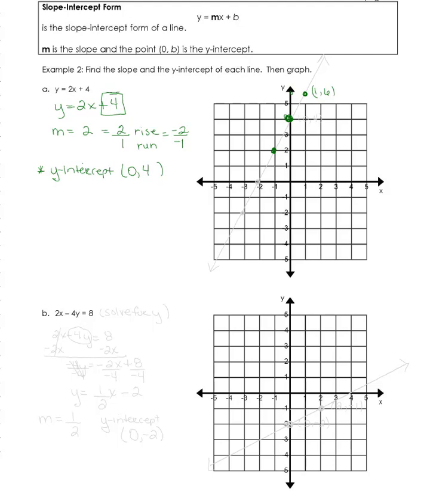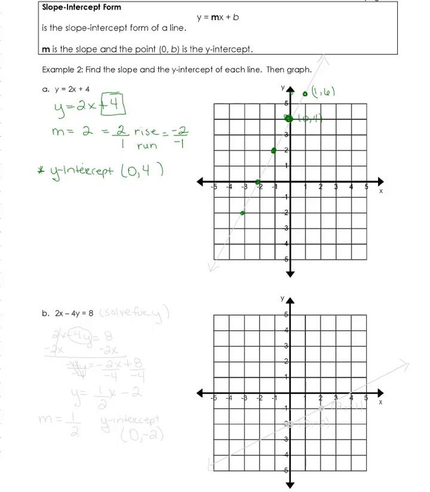Go down 2, 1, 2 over 1. And keep going down 2, 1, 2 over 1 to the left, okay? But I definitely want you to identify the y-intercept, plot that point, label that point, and then find an additional point by the slope. Okay?